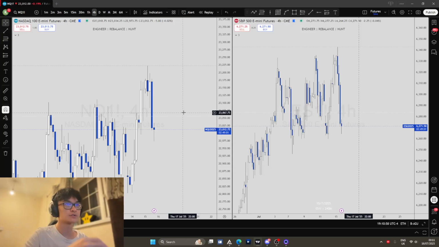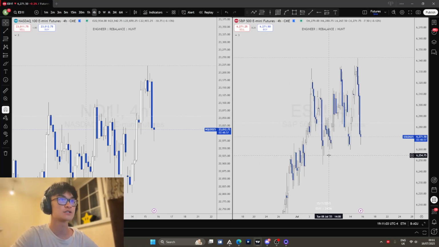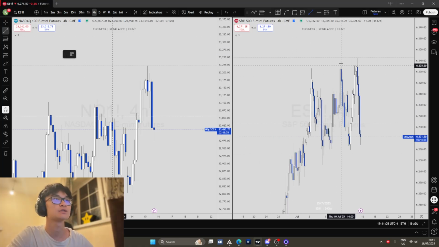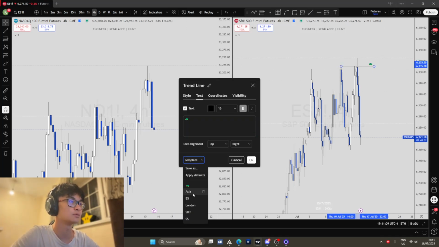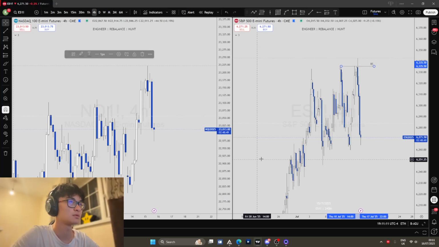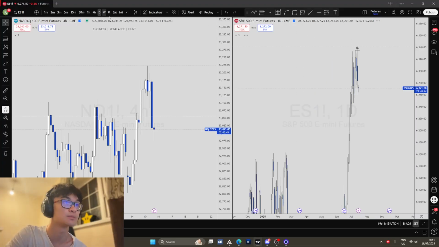We had this 4-hour change in state here on ES. We also got this inversion, so order flow has shifted on ES. And this is the sweep. That's the sweep, and probably targeting equilibrium or something.